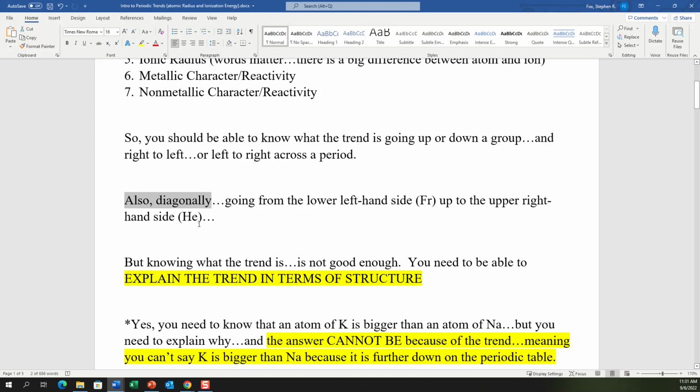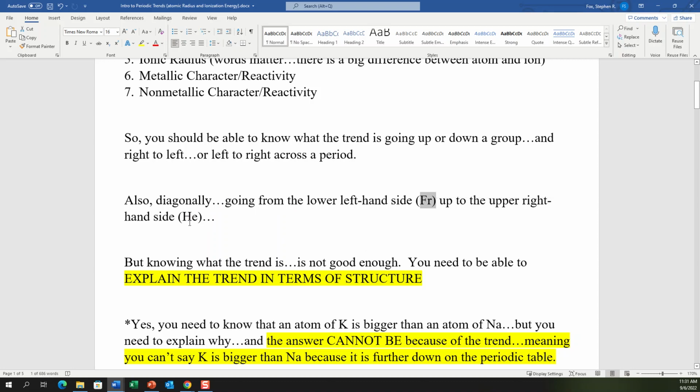So you want to know it diagonally. So like if I start down in the lower left-hand corner at francium and I go up and to the right all the way to helium on my periodic table, I kind of want to be able to explain the trend. It's either going to increase or decrease depending on what the trend is. And so a lot of times helium is either the biggest or the greatest, and francium is either the greatest or the smallest, depending on what trend we're talking about.